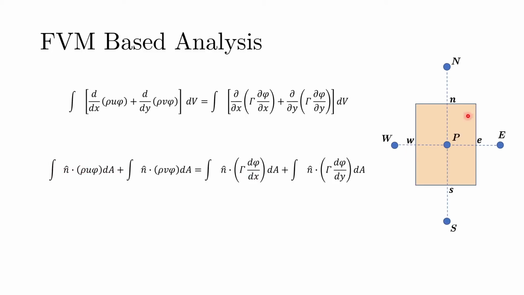And we have seen that, for example, if we are considering the face E, this east face over here, then we are only interested in the x component. The reason is that the outward unit normal is protruding in the x direction. And for the same reason, when we consider this particular term where we have the contribution from the v velocity, we are considering this north face, and then the normal vector is protruding in the vertical upwards direction.